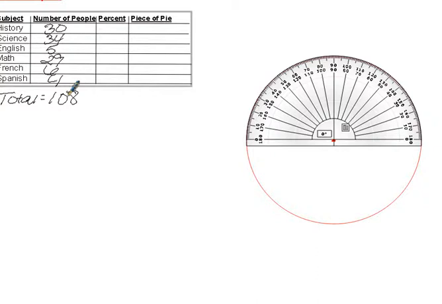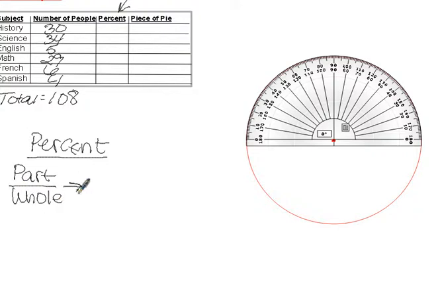So the percentage of the whole, the percent, is calculated by taking the part divided by the whole.